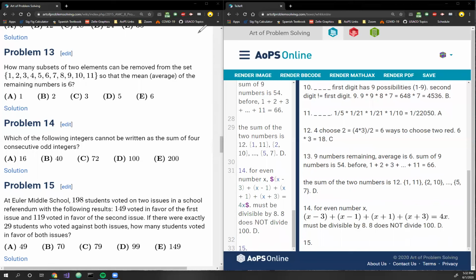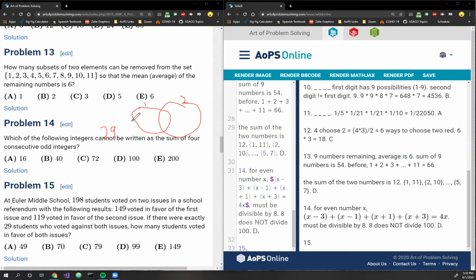In this Venn diagram, the left is issue 1, the right is issue 2, and 29 voted in favor of neither. So you want to find this middle part right here.